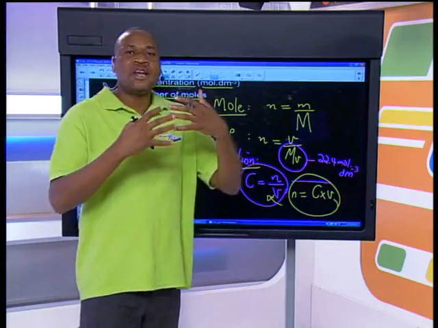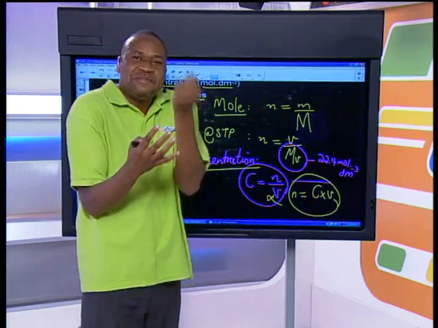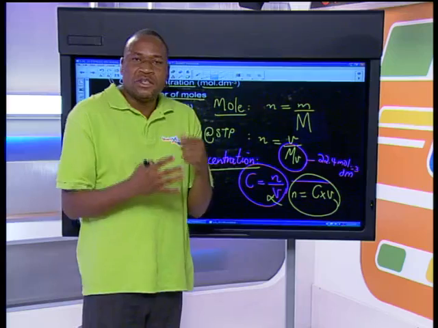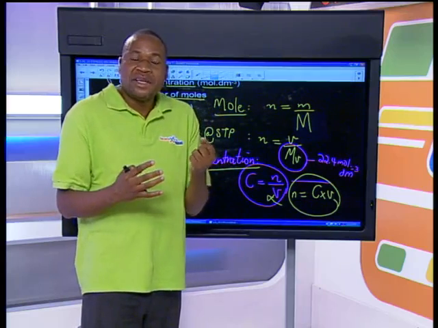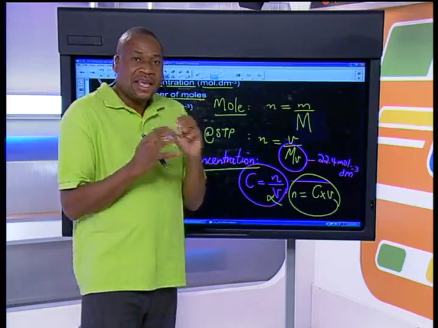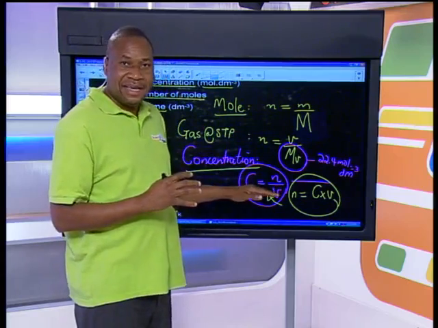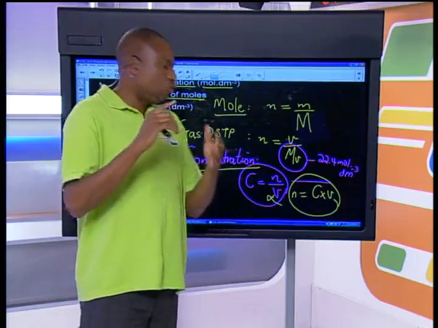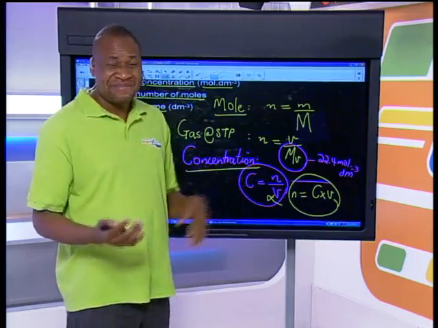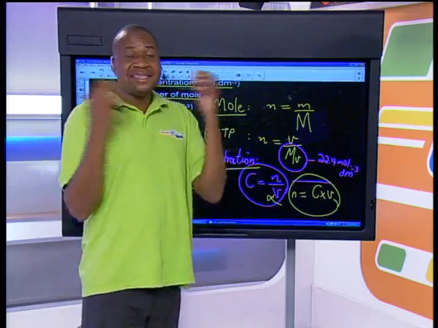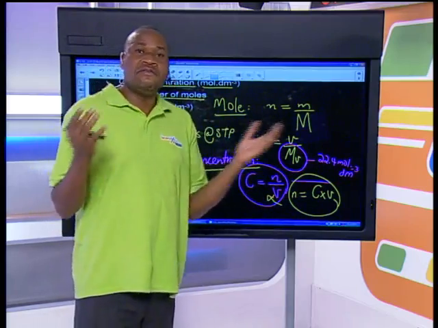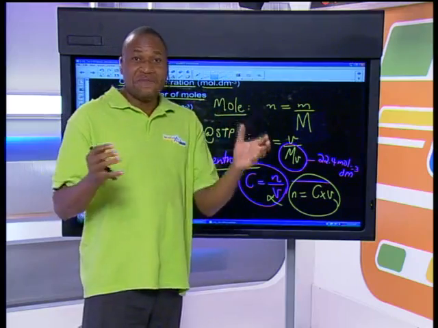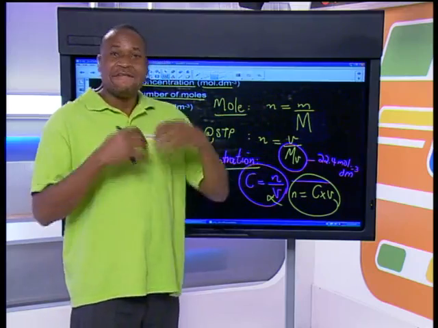If we're talking about an amount of a specific substance, whether it's a gas, a solid, or a liquid, that n, number of moles, applies here, and it will also apply when we're talking concentration of that substance. It will apply when we're talking the mass of that substance. It may not apply to gases if it can never convert into being a gas, but if we heat it to a high enough temperature, we know that it can vaporize.